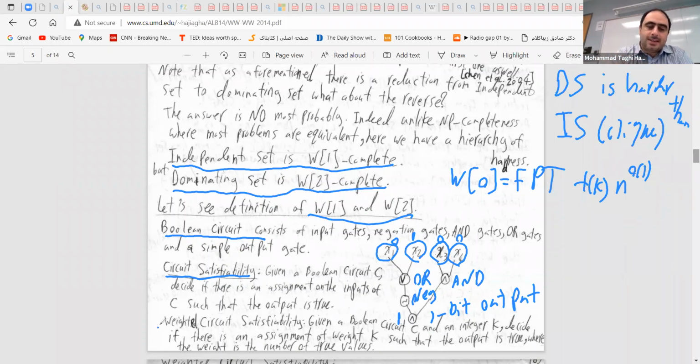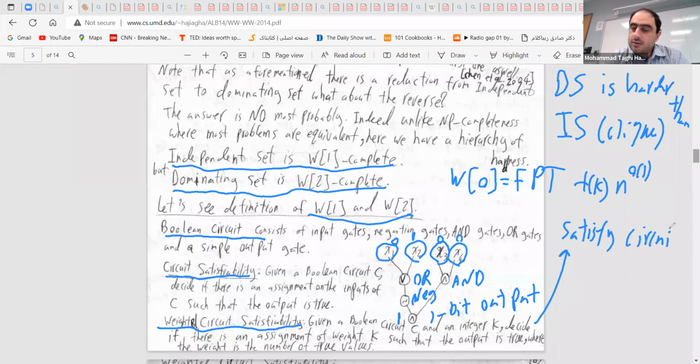Now, what is weighted circuit satisfiability? That's the part that actually comes from the fixed parameter tractable things. You want to satisfy this circuit with at most k ones, or k trues essentially.